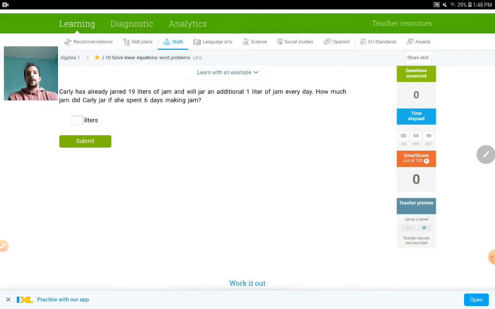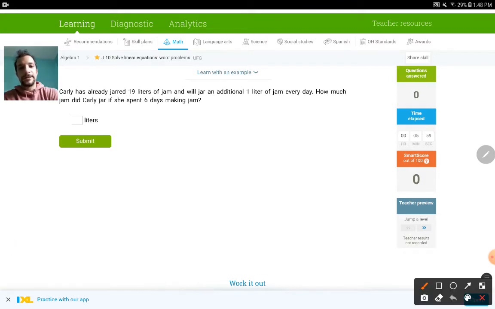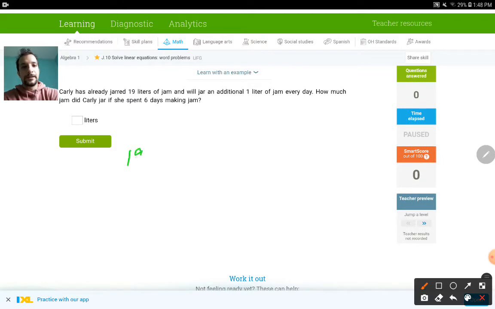Now, Carly has already jarred 19 liters of jam. Now, I already have that. 19 liters is already what Carly has. And Carly will jar an additional 1 liter of jam every day. Instead of saying 1 liter per day, they say 1 liter of jam every day.